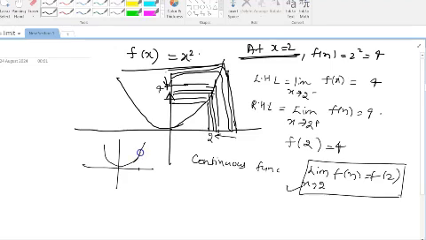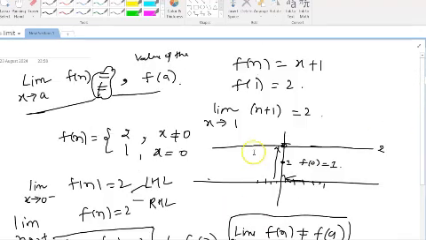So when you were drawing this graph at x is equal to 2, you didn't need to lift up your pen. While in our previous examples, if you remember, they were all discontinuous functions. For example, from here also, when we were making the graph, here we need to lift our pen and then continue.